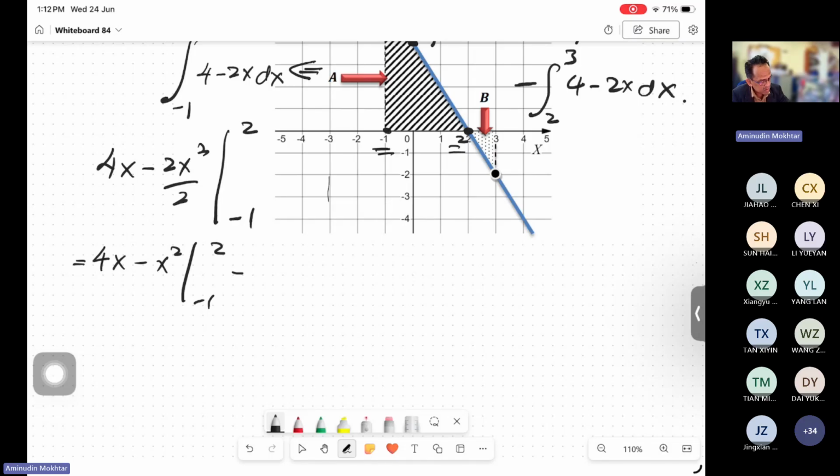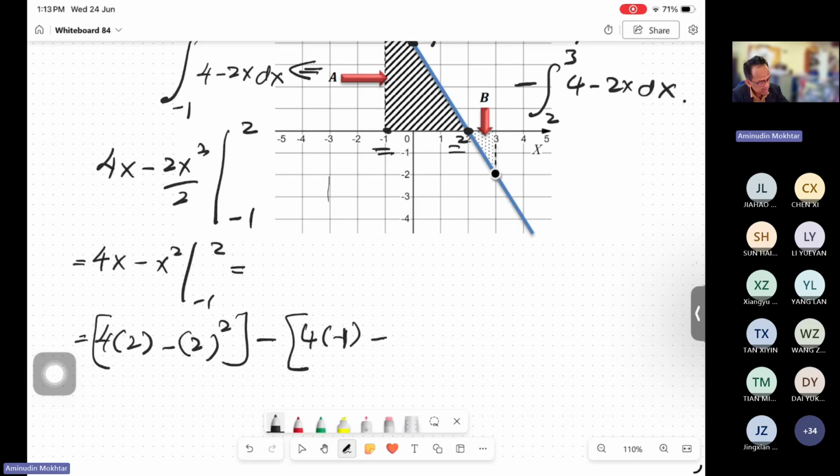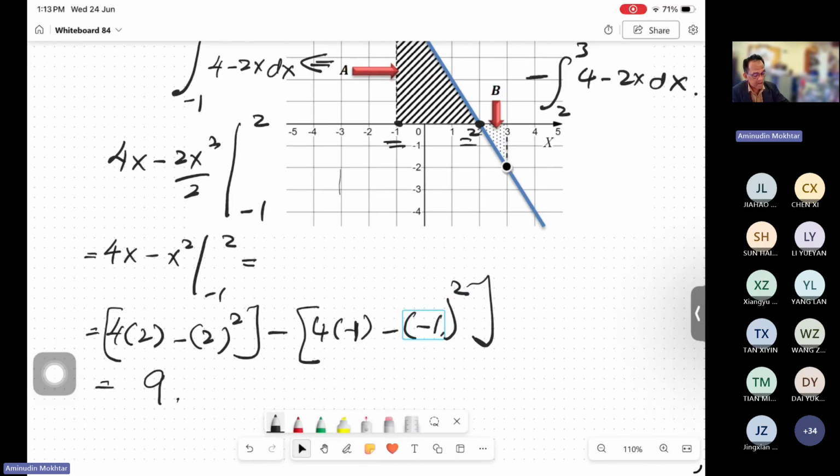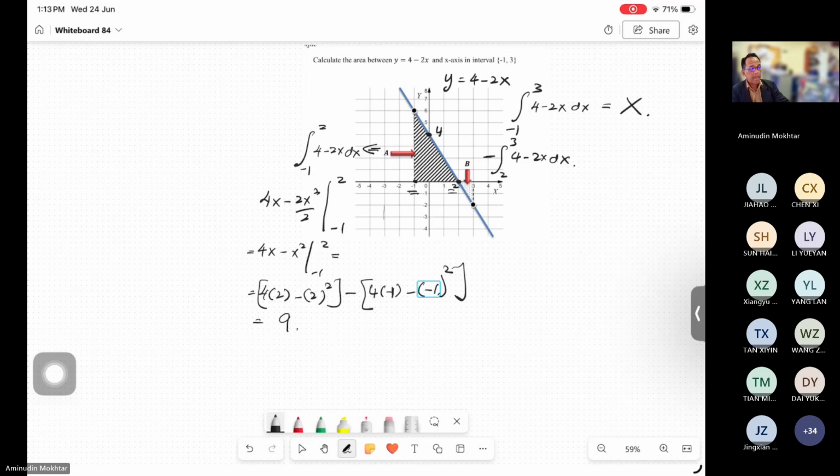So this equals 4 times 2 minus 2 squared, minus, now substituting x equals -1, be careful, double negative here, negative x squared. You get for area A the answer is 9.